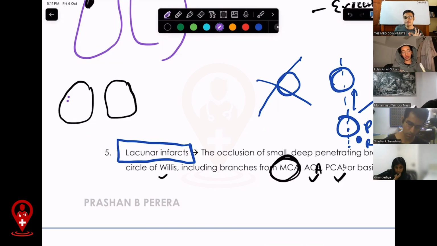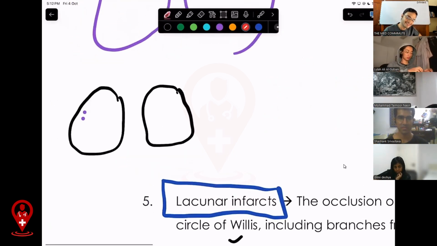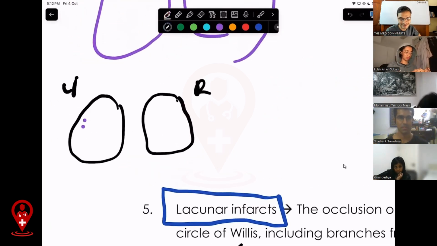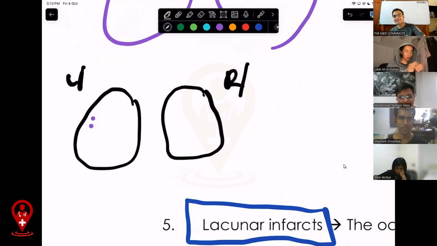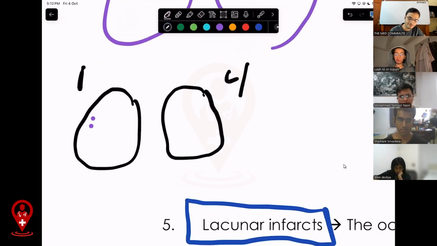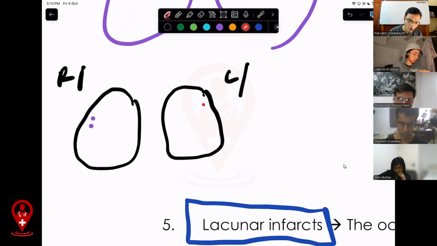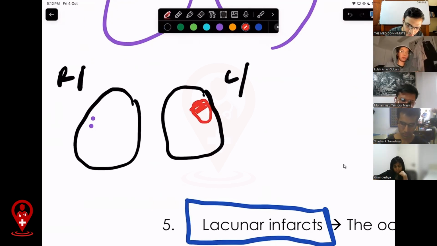But there's a big but here. Look at this. If we take the left and the right hemispheres, let's say there is a normal stroke here, a big one.